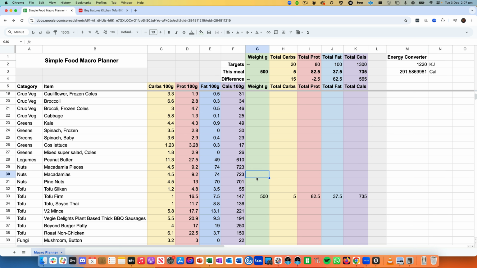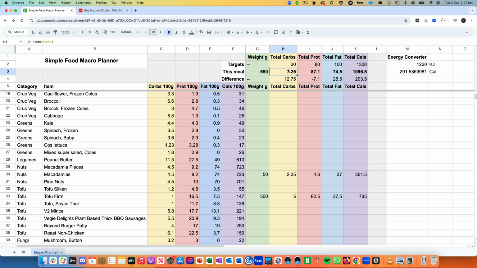And then we might add 50 grams of macadamias. You can see we're already reaching almost that 1300 calorie goal with a little bit of fat left to go. We've gone over the protein target and we're still well under the carbohydrate target.